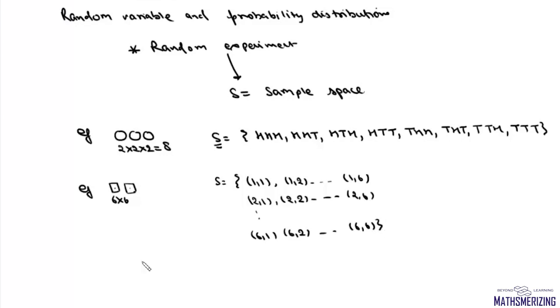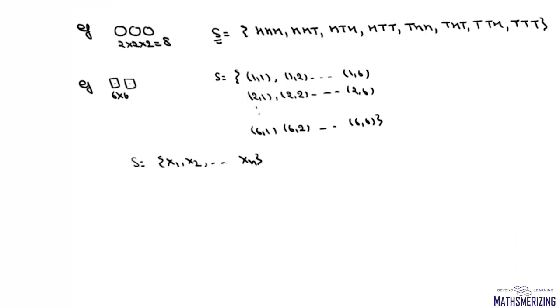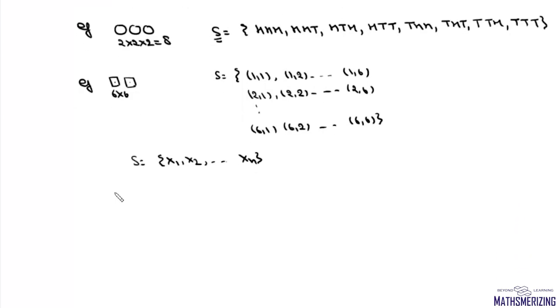So generally speaking, if we have discrete sample space with finite values, say this S, which contains sample points x1, x2 up to xn, then this random variable X is a function defined from S to R, and this function maps sample points to some real number.